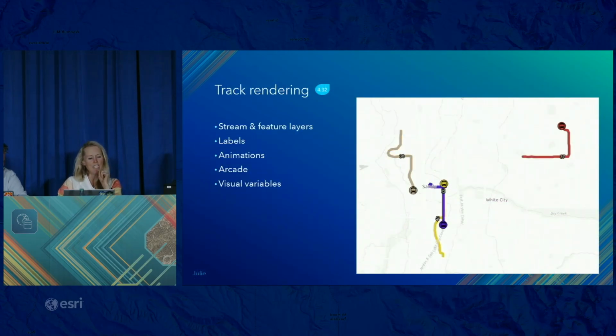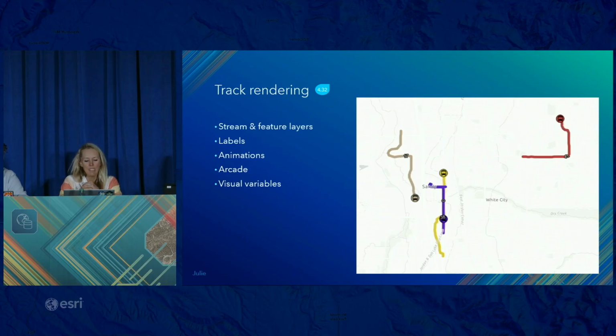Track rendering, this is another great visualization update. I love the real-time stuff you can do with the SDK using the stream layer. I often present the real-time visualization session, and this was the one thing that I couldn't do in that session, show tracks.